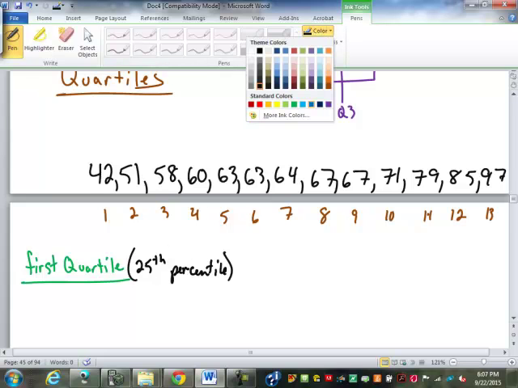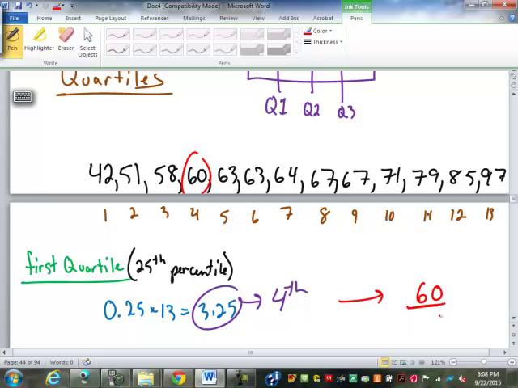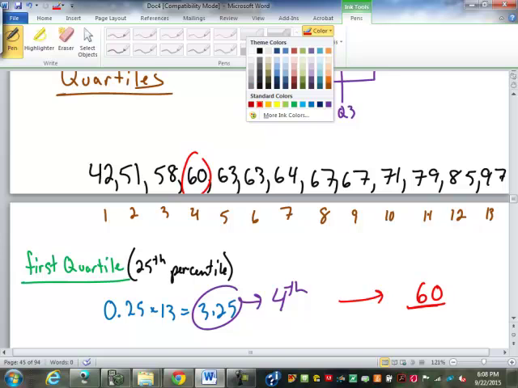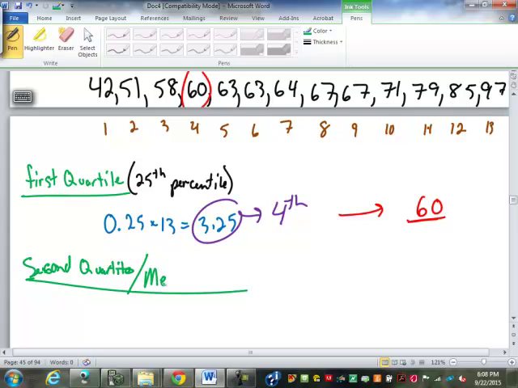So for this data, its location is going to be 0.25 times 13, or otherwise known as 3.25, which means it is the 4th number in the list, or 60. This is our first quartile. Second quartile, which I'll tell you flat out is almost never called the second quartile because it is also the median.